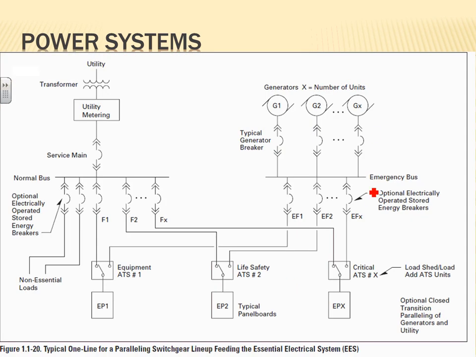This one goes even further, where you bring multiple generators, parallel them together on a switchgear, and tie them from one side. In this case we're not tying them to the switchgear, but we're feeding different life safety equipment and so forth. So you have multiple generators on a parallel switchgear, and you tap from this source of power. Any comments, guys? Any questions?